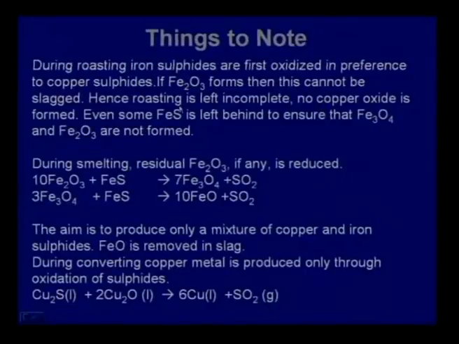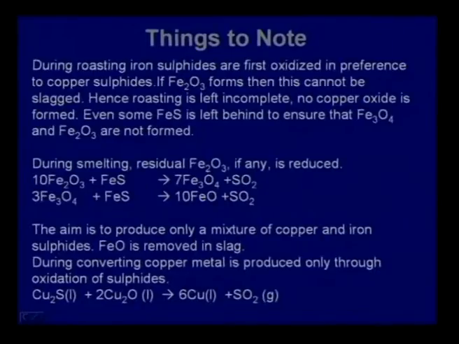No copper oxide is formed, because we have not even completed oxidation of iron sulphide. Copper sulphide cannot be oxidized unless you have oxidized the whole of iron sulphide. We are not oxidizing the whole of iron sulphide. Only part of that is oxidized, only up to the FeO stage, and that is taken out.